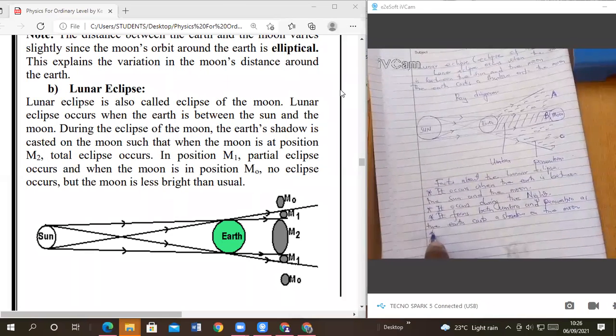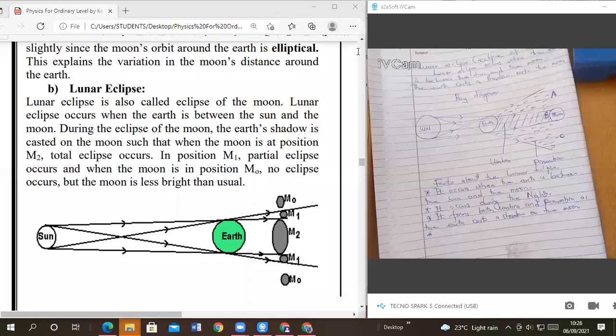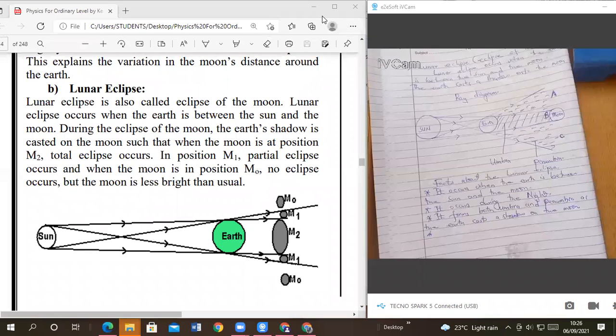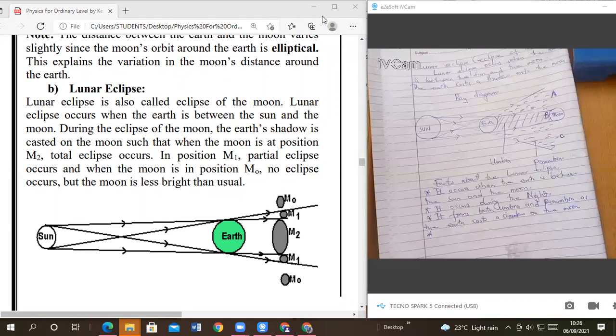Yes, someone was asking a question. What if I say the moon is covered in total darkness? That one is also okay. That's why we are saying that it casts a shadow on the moon. Okay?